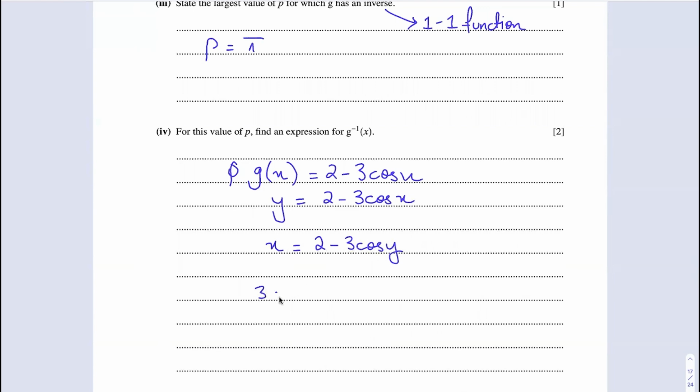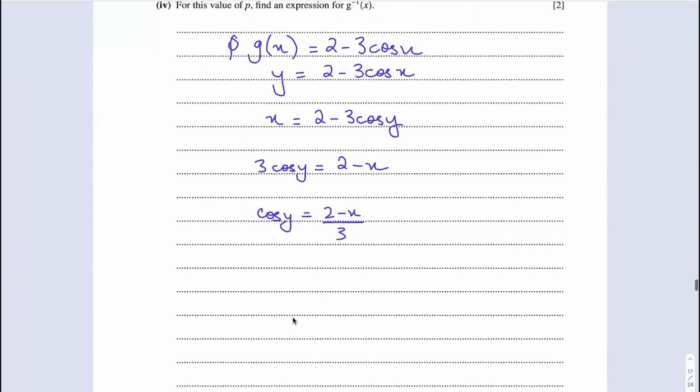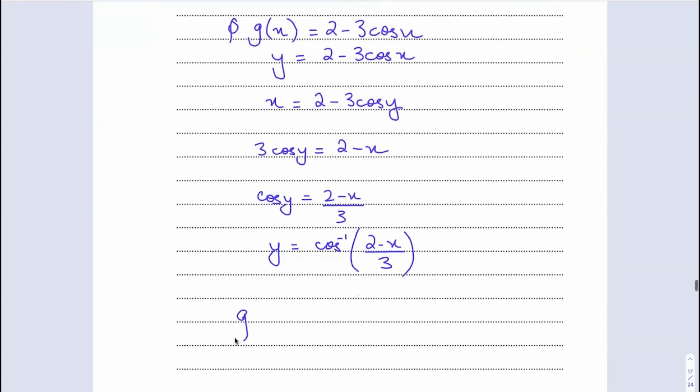So 3 cos y equals 2 minus x. Cos y equals (2 minus x) upon 3. So y equals cos inverse of (2 minus x) upon 3. So the inverse function g inverse of x is cos inverse of (2 minus x) upon 3.